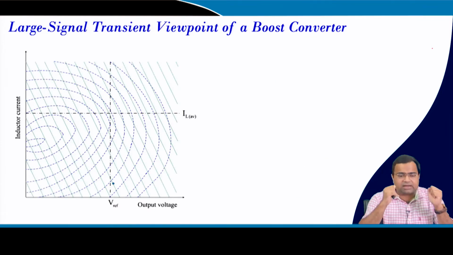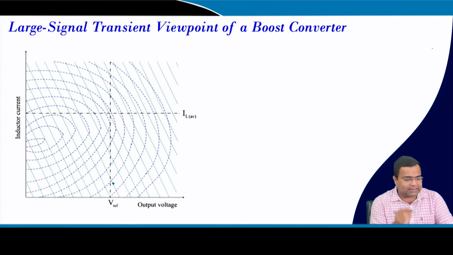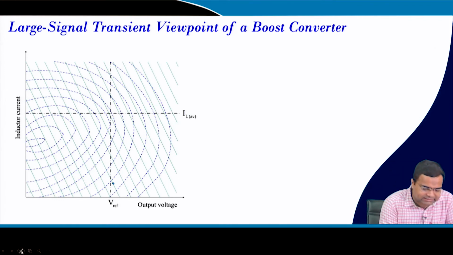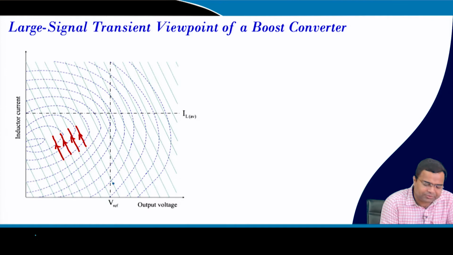But we want to see the large signal viewpoint. We have discussed the vector field multiple times, in lecture number 42, we showed how to draw it using MATLAB in 43, and then we also discussed the vector field in 45. Here again we recollect that if we take the vector field, these are the on state trajectories, the vector field of a boost converter, and depending upon the number of initial conditions you can draw more.